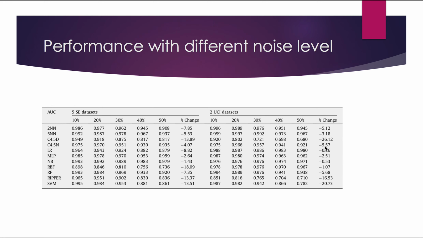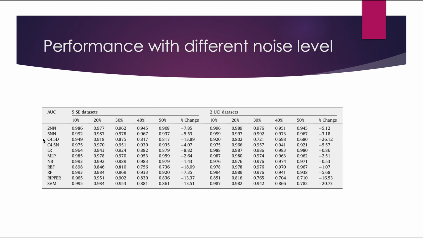However, two newer and more complex techniques, random forest and SVM, are impacted more by class noise than some of the simpler algorithms such as naive Bayes and 5-nearest neighbor.